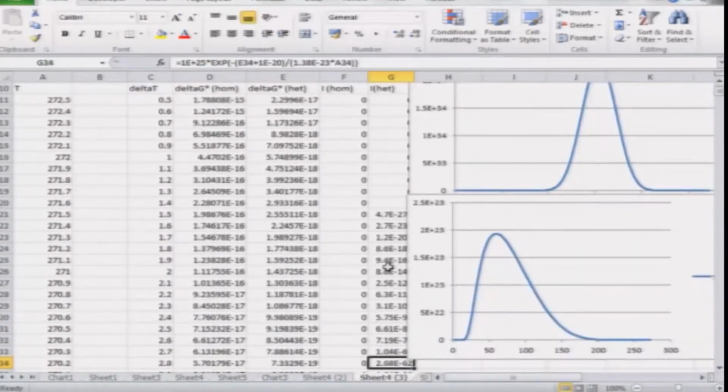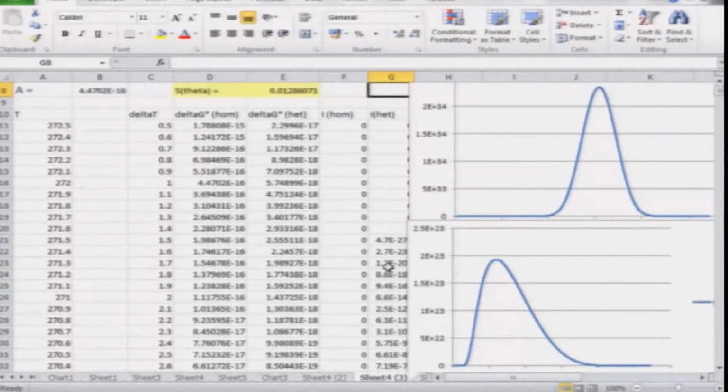And very quickly, one last thing before I end this lecture, let us also have a look at the free energy for the critical nucleus for both homogeneous and heterogeneous plotted on the same graph, just to see how different they are.